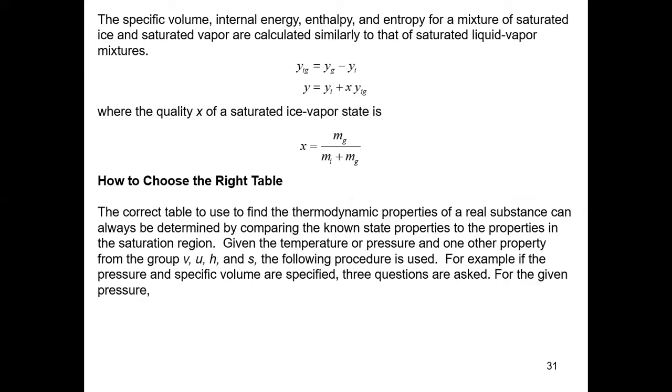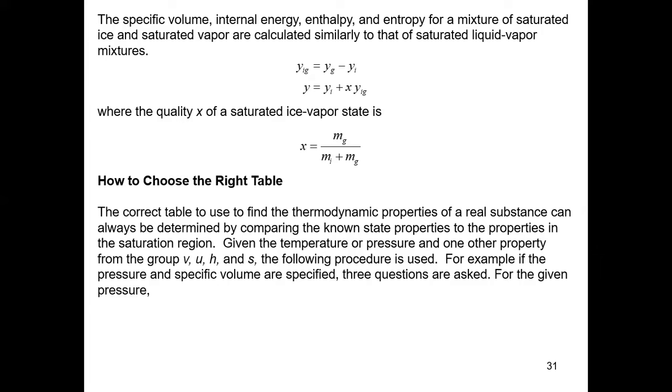Okay, so yfg is yg minus yf. So capital Y is equal to yf plus x times yfg, where the quality x of a saturated ice-vapor state is given by x equal to mg divided by mi plus mg.